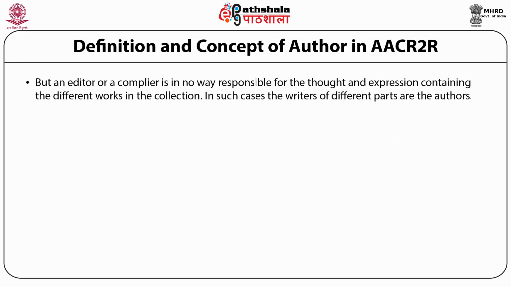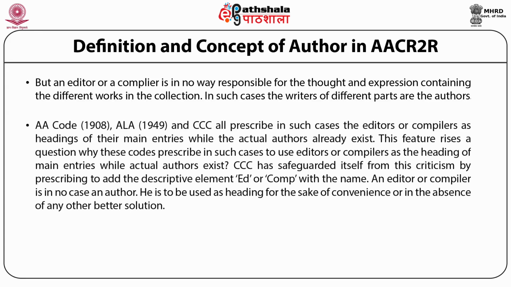But an editor or a compiler is in no way responsible for the thought and expression containing the different works in the collection. In such cases, the writers of different parts are the authors. AA Code 1908, ALA Code 1949 and CCC all prescribe in such cases the editors or compilers as headings of their main entries, while the actual authors already exist.